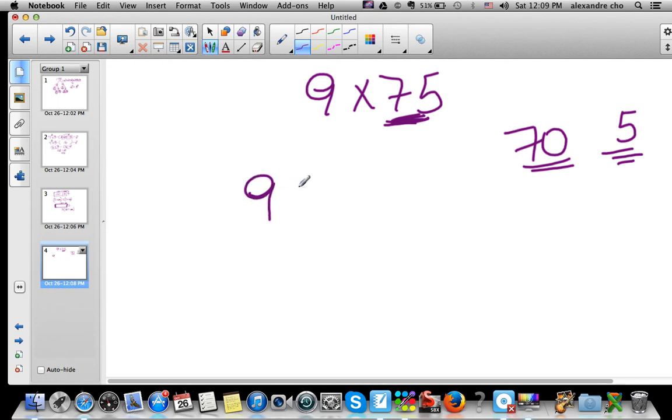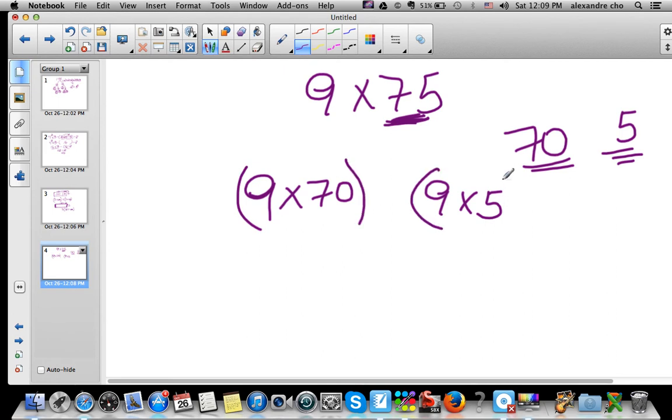Well, you're going to first take 9, multiply by 70, okay? And then you're going to multiply 9 and multiply by 5. It's basically what we're doing, okay? And I'm going to put a parenthesis over here, and I'll put a parenthesis over here.